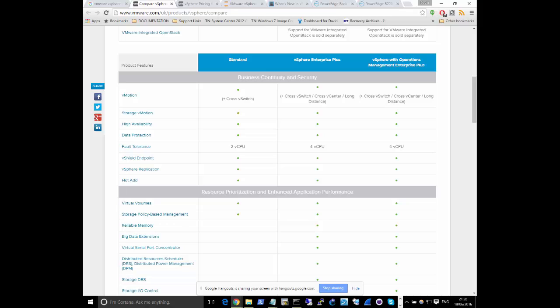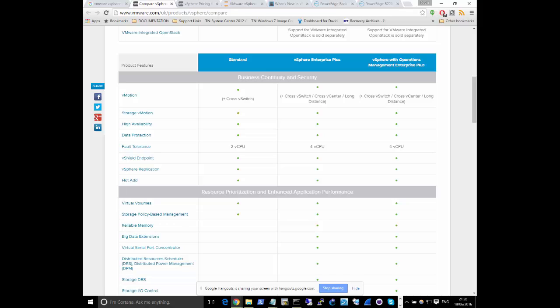So I have 2 clusters, cluster 1 and cluster 2. I am using the vMotion option. Let's suppose I have a problem with any ESXi server, any blade server, I will move all my servers to another ESXi server, so I can get them away from the problem. Awesome. Yeah, that's it, sir.